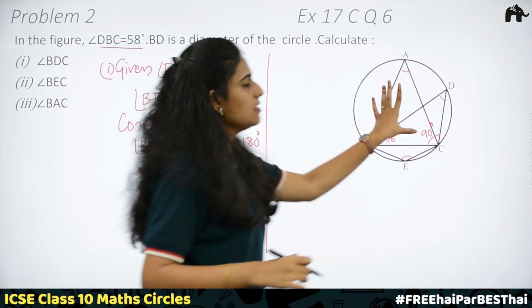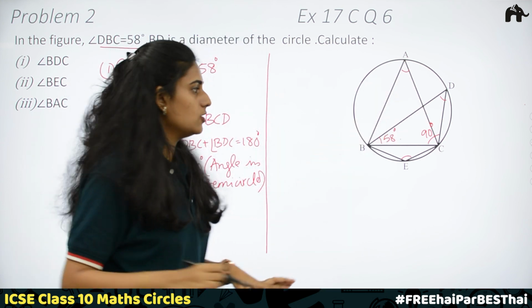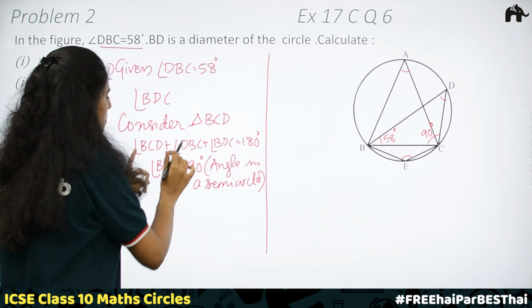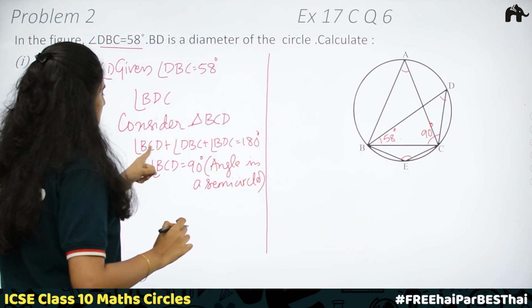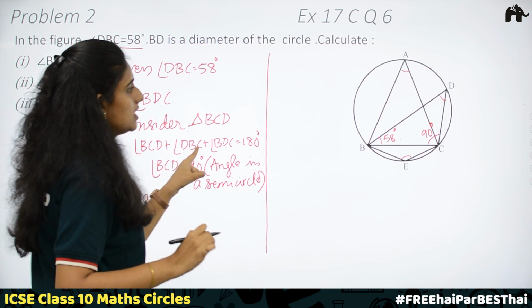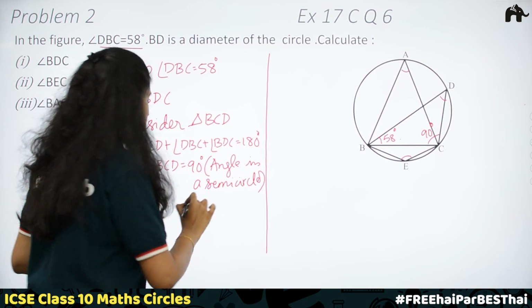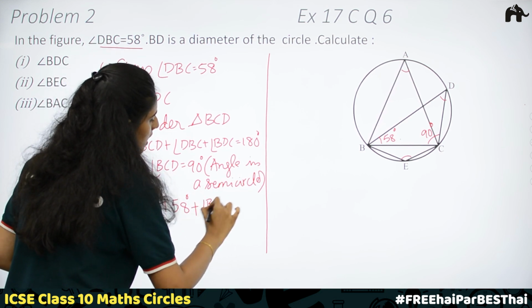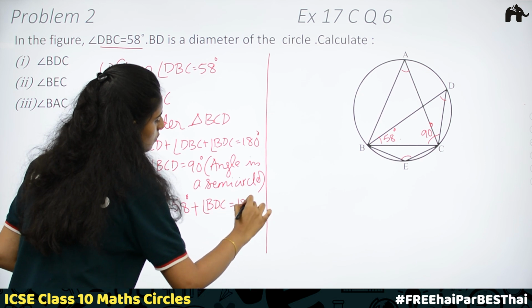Diameter brings us two semicircles. So, this is an angle that belongs to a semicircle. Now, we can put the values. BCD we have found is 90 degrees plus DBC. DBC is given, which is 58 degrees. 58 degrees plus angle BDC will be equal to 180 degrees.